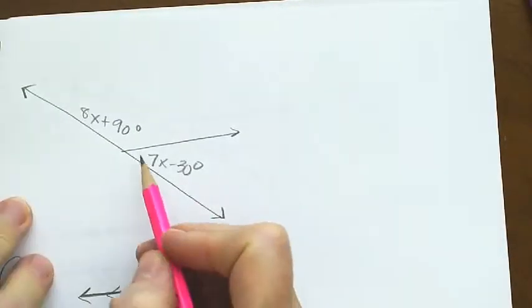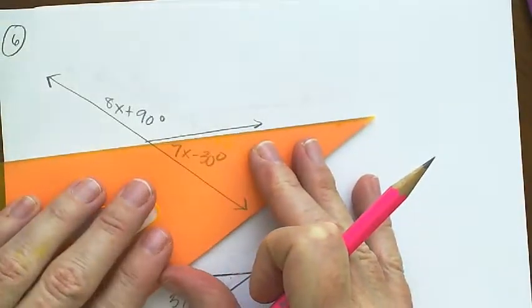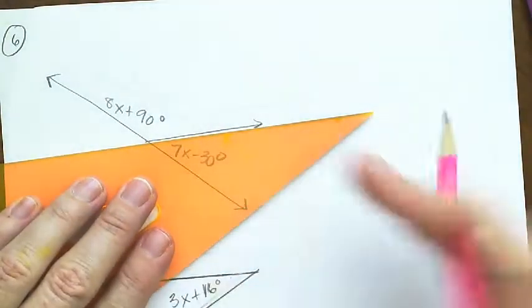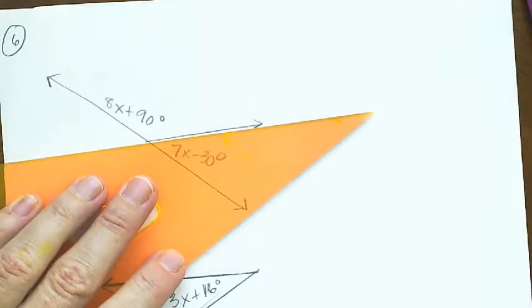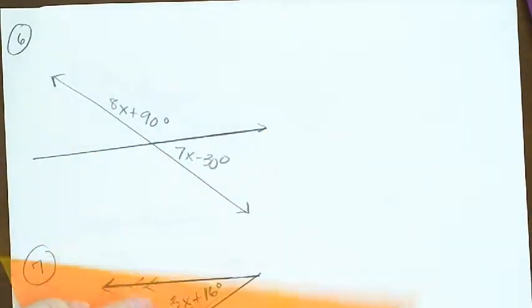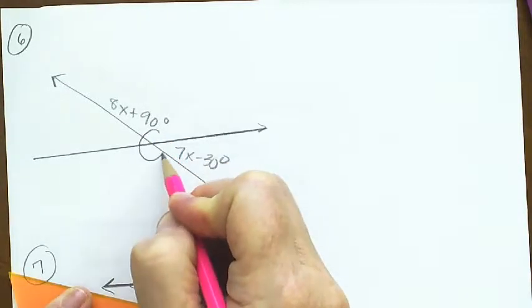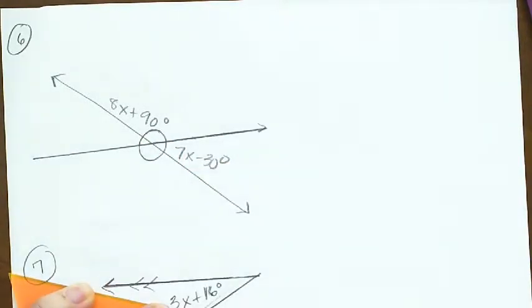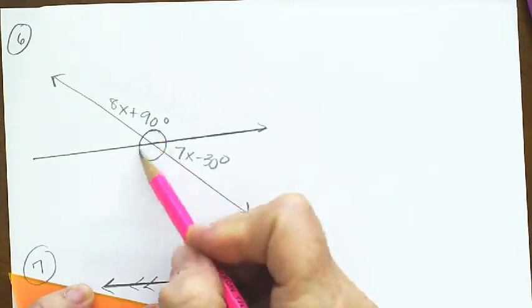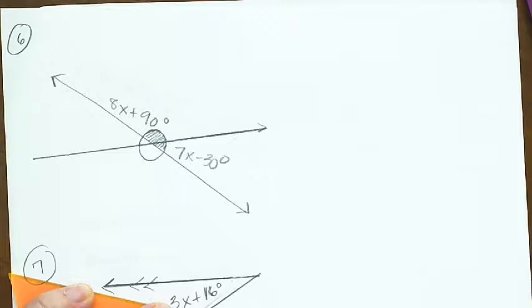Okay, so when you see intersecting lines, if the whole picture's not there, you can take a ruler. I gotta remind myself, rulers and that poster. You can take a ruler and you can turn this into 2 intersecting lines. And then hopefully remember that's 360. Okay, if that's 360, half of that would be 180.